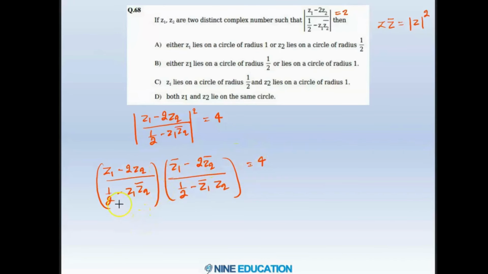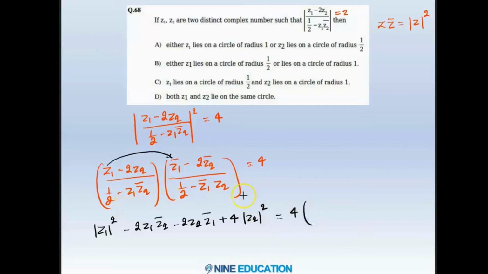We have z1 into z1 bar, that gives |z1|², then z1 into −2z2 bar, that is −2 z1 z2 bar, then −2 z2 z1 bar, and then minus minus plus 4 z2 z2 bar is 4|z2|², equal to 4 times.